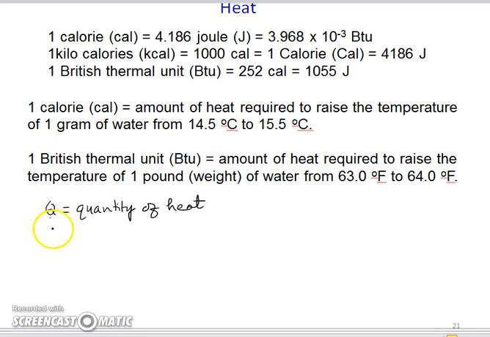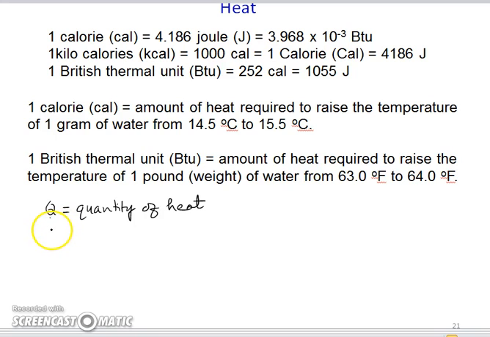And if you double the mass, say 20 kilograms now, the amount of heat you need to raise the same temperature would be more.